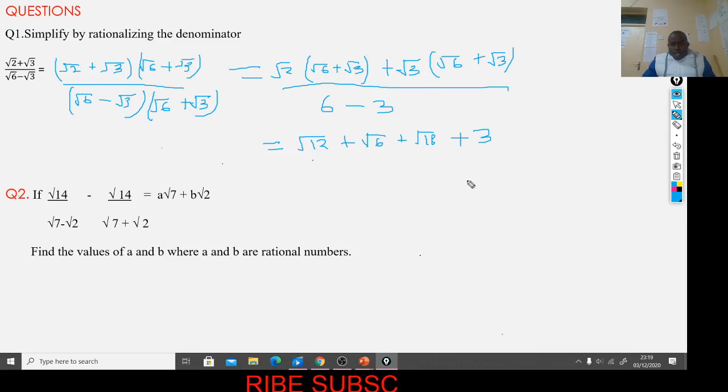When you look here, there is no like terms unless you simplify here.